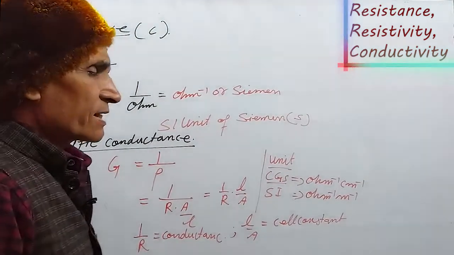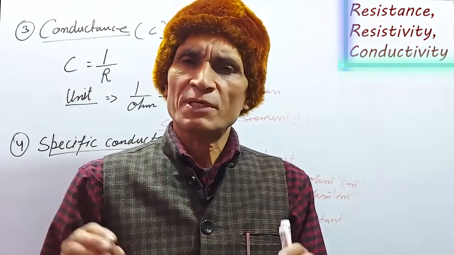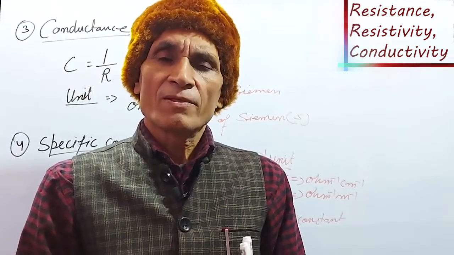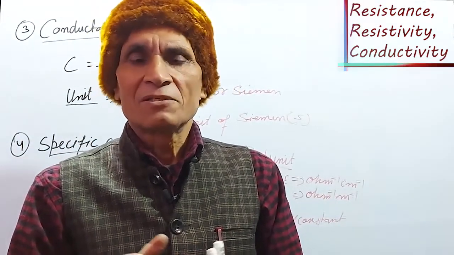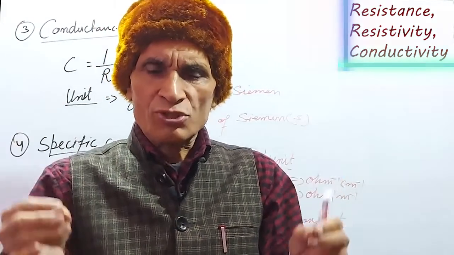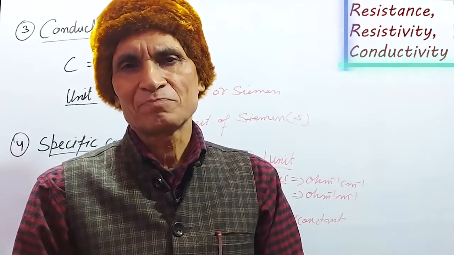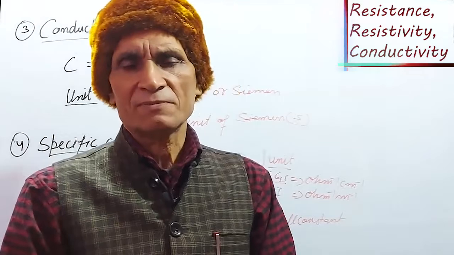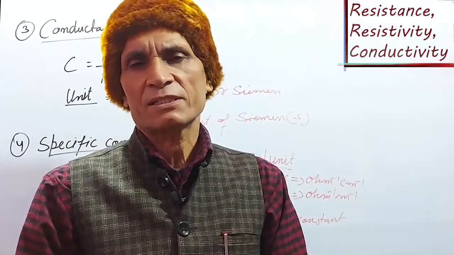specific conductance or conductivity can also be defined in terms of electrolytic solution. Conductance of a solution placed between two electrodes separated apart by a distance of 1 centimeter, having cross-sectional area 1 square centimeter, is called conductivity of solution or specific conductance of solution.